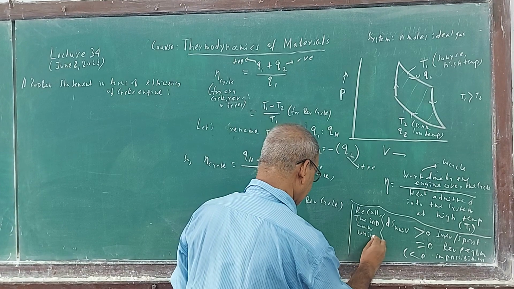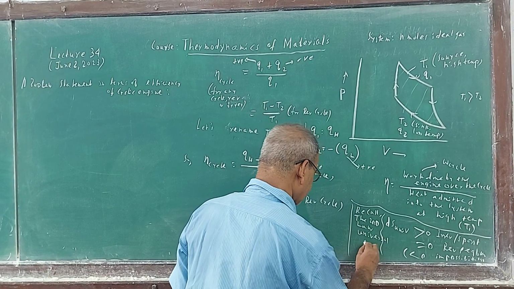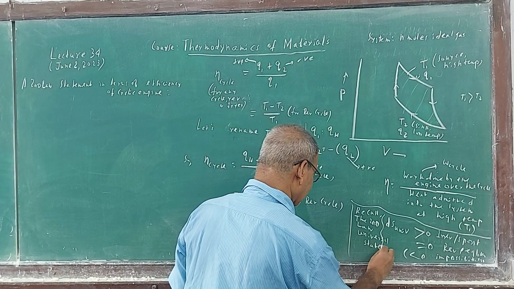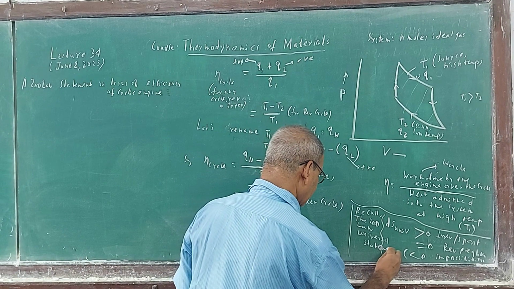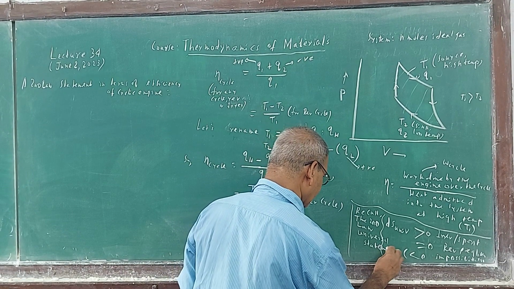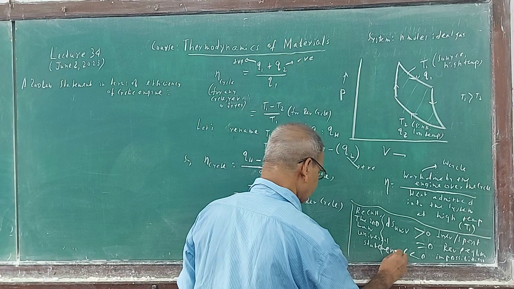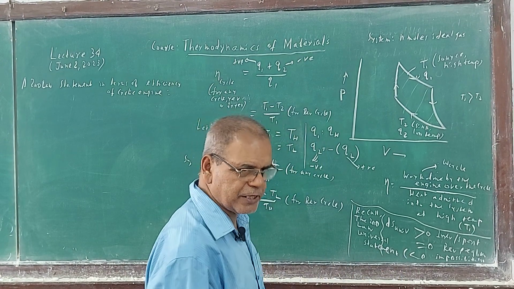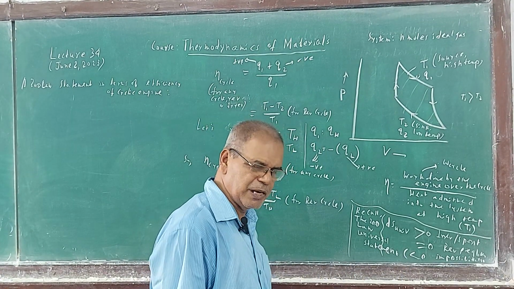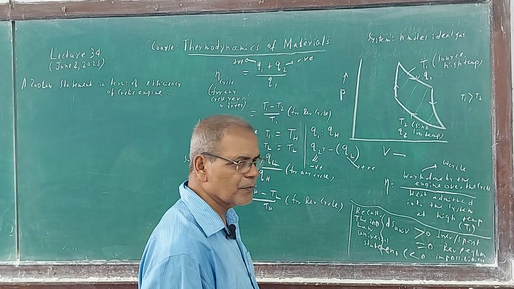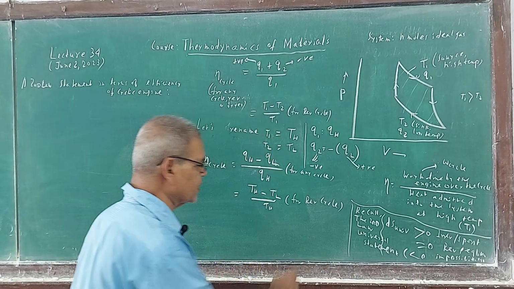I am writing universal statement. But there are other statements which should not contradict this. This you should note. This is the primary statement, the most important, main statement. So this is the second law.